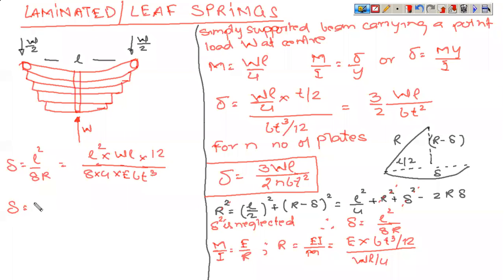So delta finally comes out to be 3WL cube divided by 8nEbt cube.